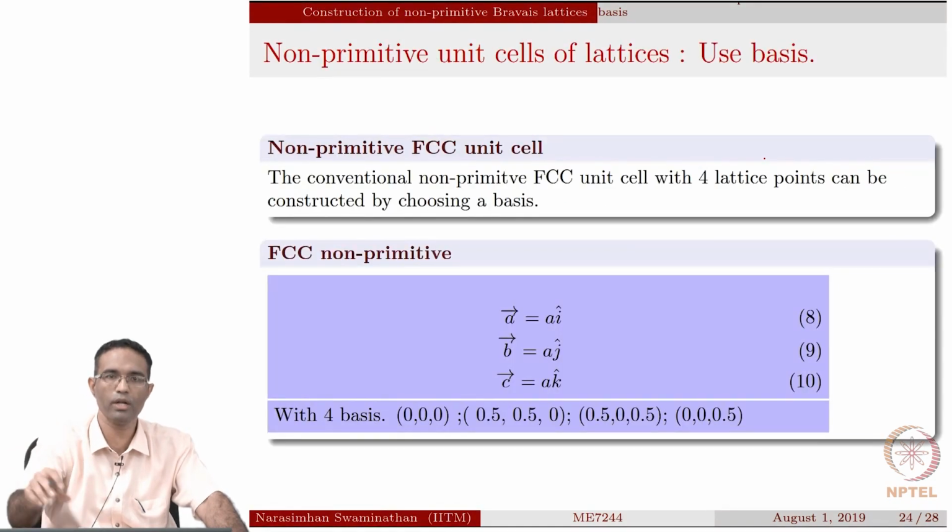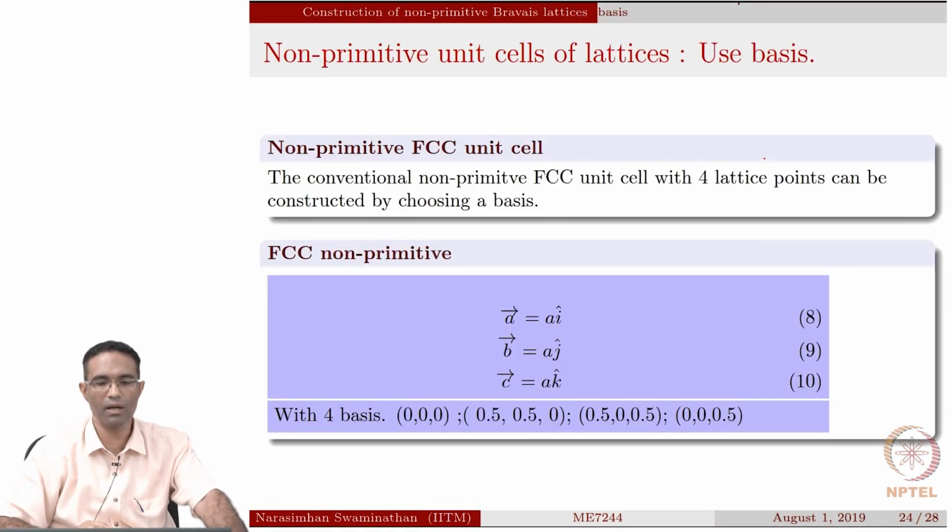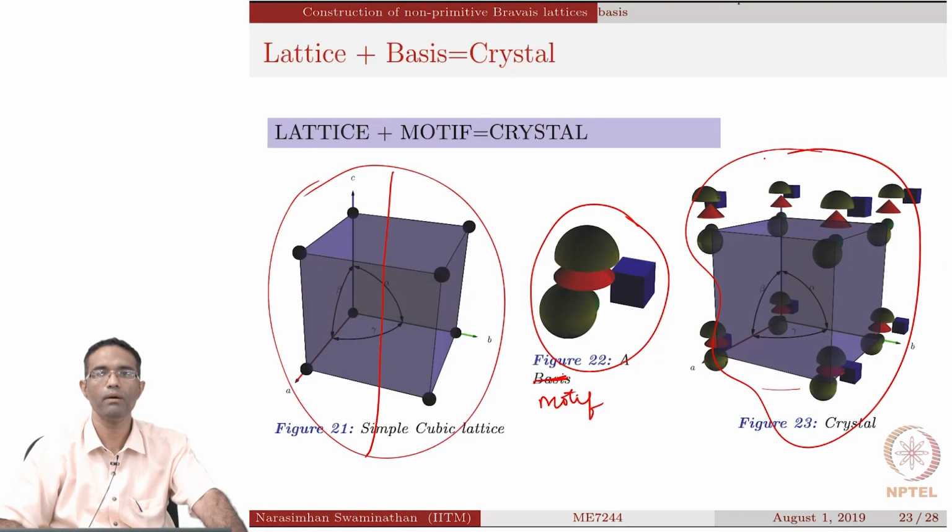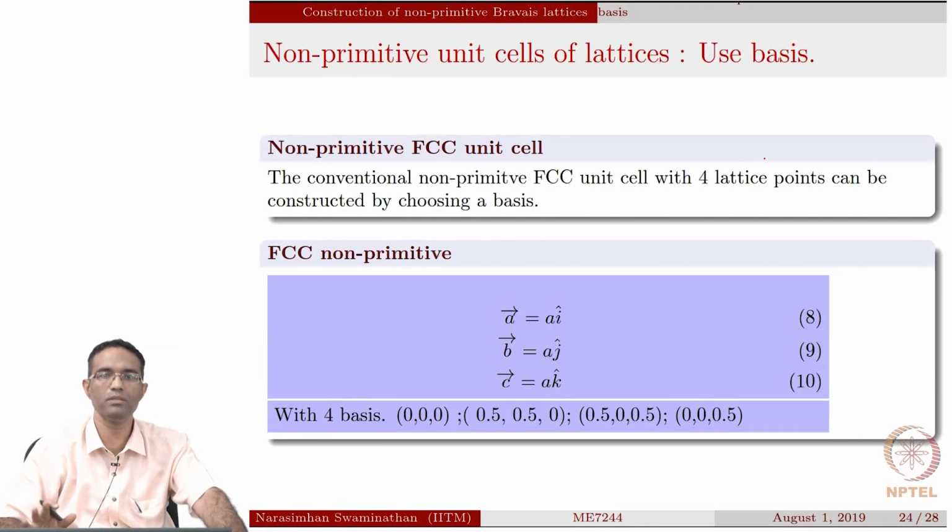Motif is this molecule that we will place, and bases are points that we will choose so as to construct a crystal structure based on non-primitive lattice vectors. So, if instead of a molecule I put atoms or ions, they will also be called motif. You can call them motif, no problem.